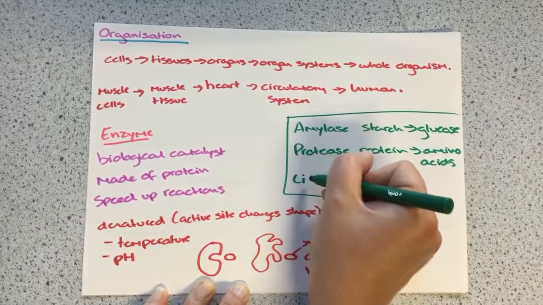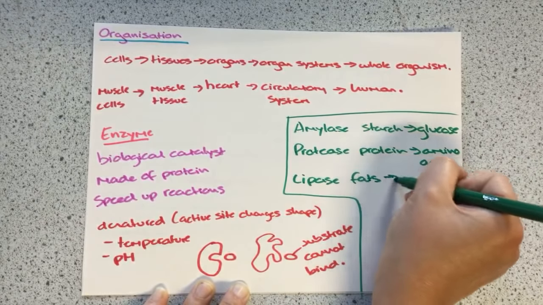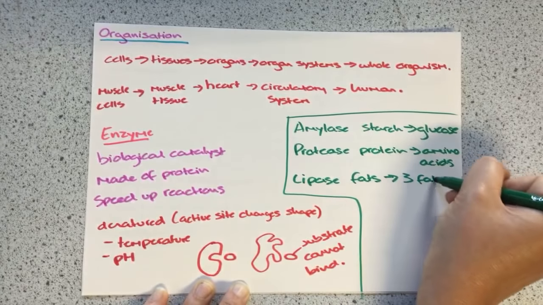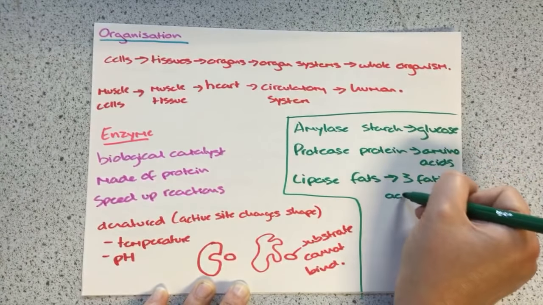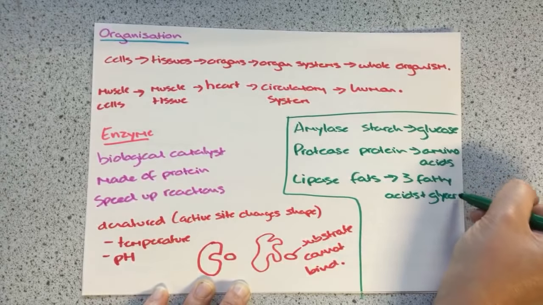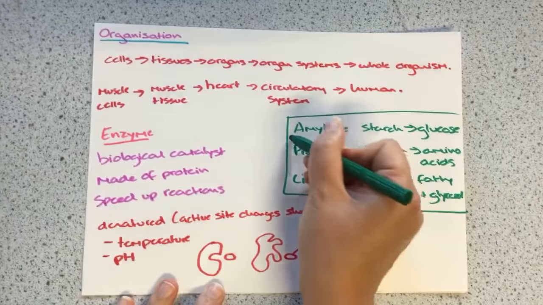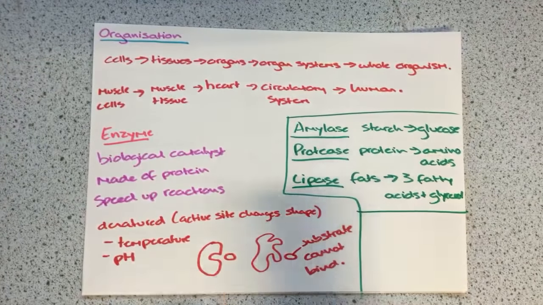And lipase breaks down fats into three fatty acids plus glycerol. These are all examples of metabolic reactions. They're all reactions that happen within your body. Miss Heslop's going to talk to you a little bit about that later.